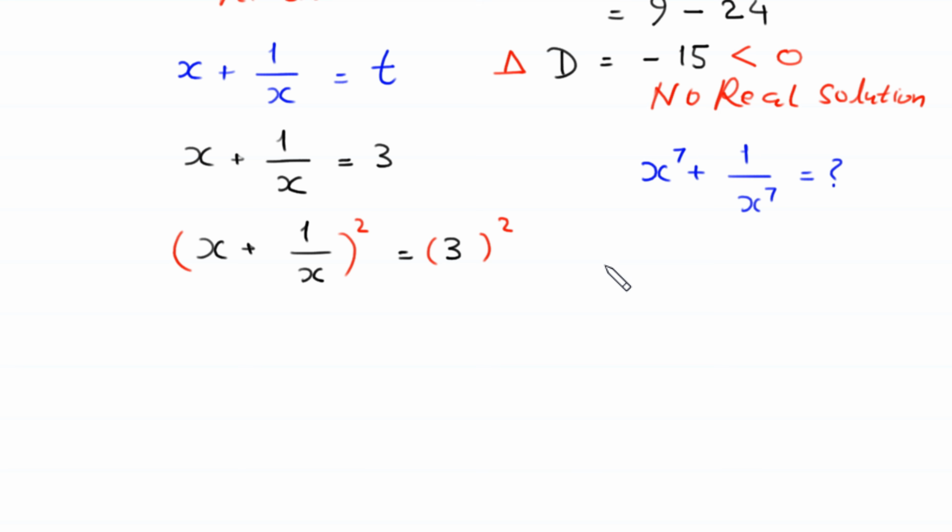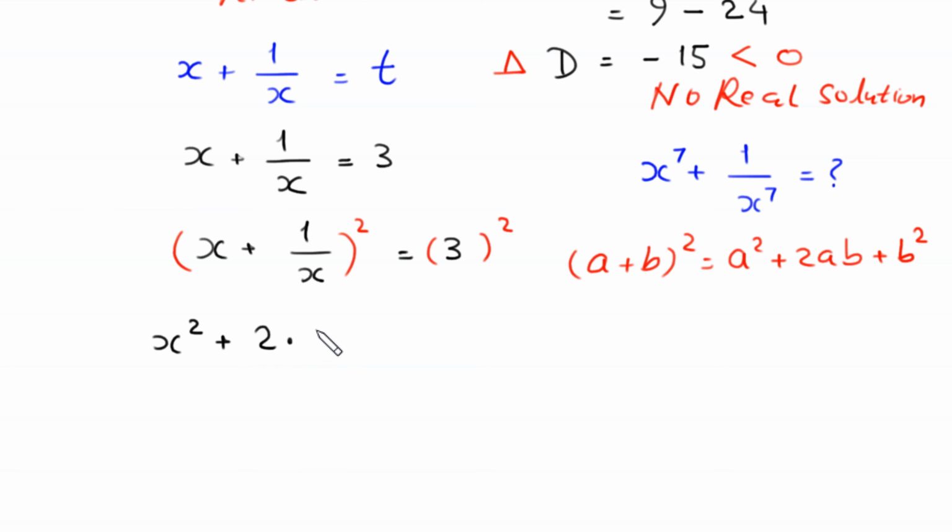By using this algebraic identity, a plus b whole squared is equal to a squared plus 2ab plus b squared, this will become x squared plus 2 times x times 1 over x plus 1 over x squared is equal to 3 squared is 9.